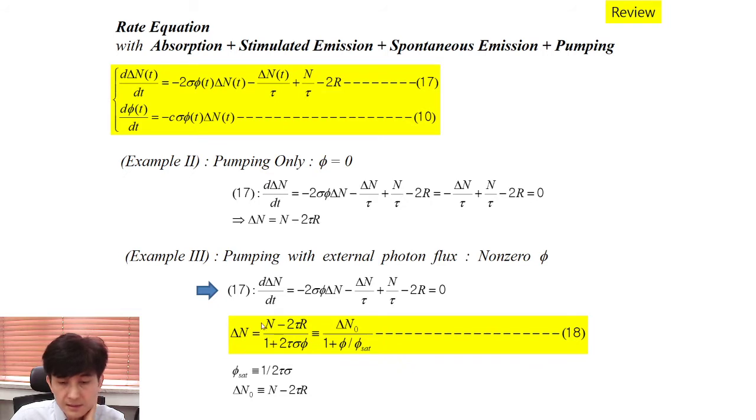This is the saturated population inversion when phi is not 0. If phi is 0, then delta n becomes delta n naught. Where phi sat is defined as 1 over 2 tau sigma, and delta n naught is n minus 2 tau r.